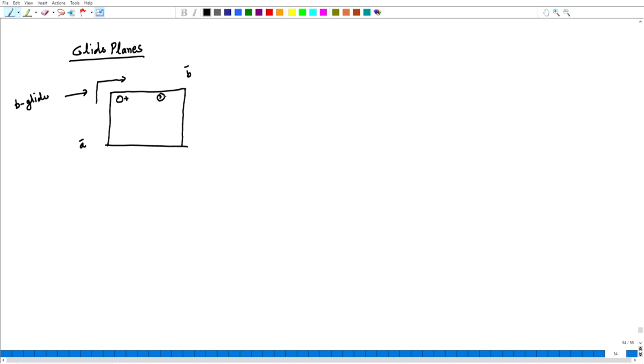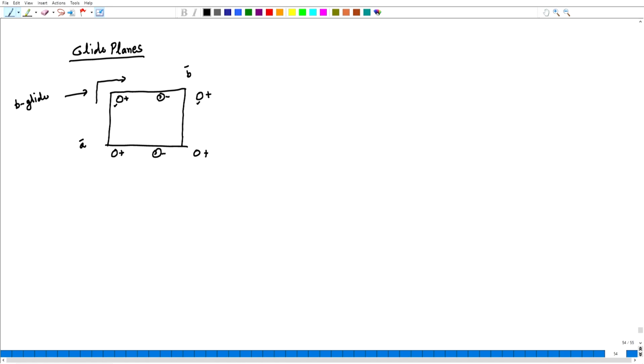Handedness changed, and this will be put as minus to indicate that the motif has gone below the AB plane, and then again reflect up, and then again a glide translation of B by 2 will bring the motif here, and of course, this motif and this motif are related through lattice translation B. The lattice translation A will bring all of these motifs out here.